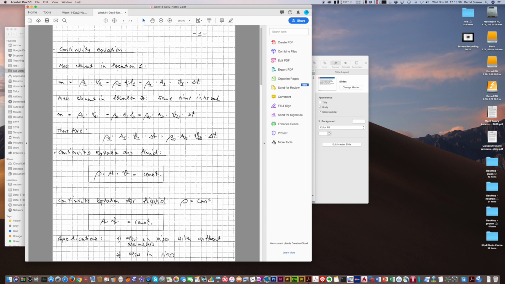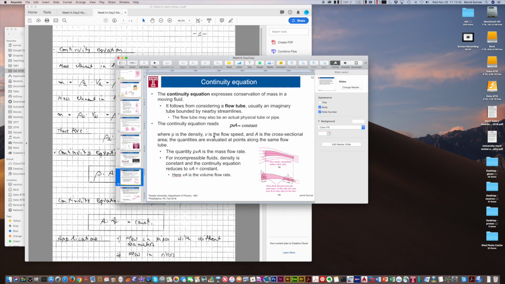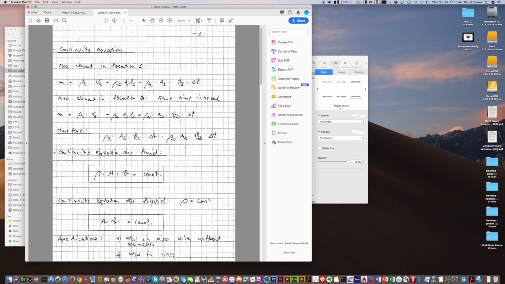So if for a liquid, for example, the density is a constant, then the product of A times V is a constant. An application is the flow in pipes with different diameters. If the area is very large, the velocity is small, and the other way around.